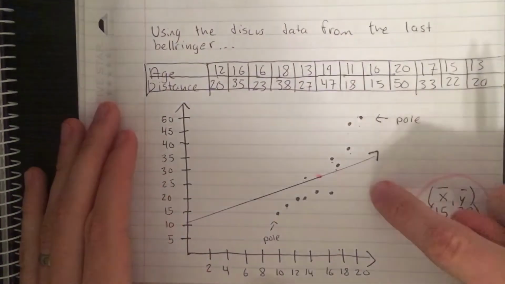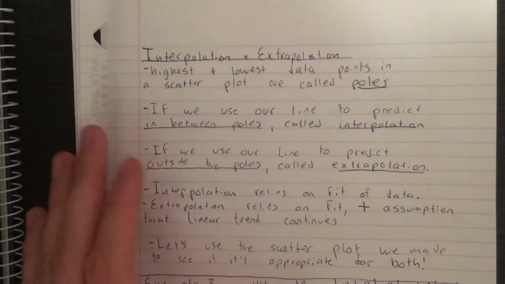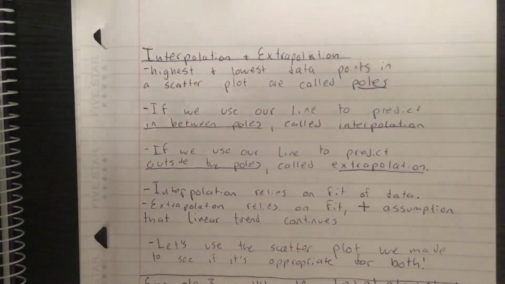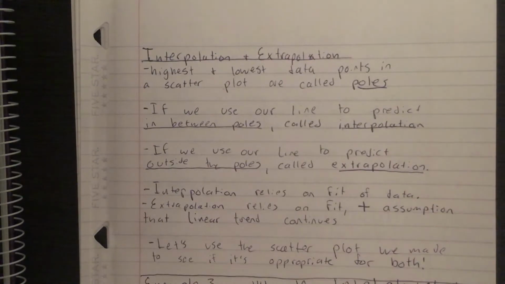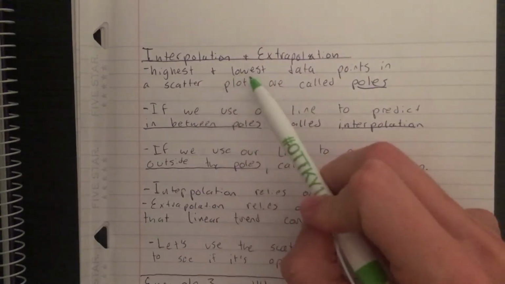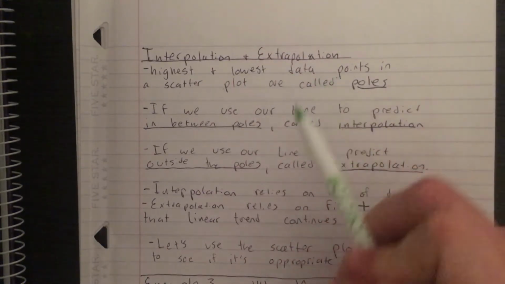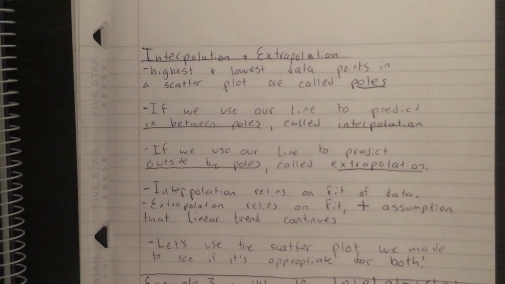We're going to revisit this here in just a second, but we're going to talk a little bit about interpolation and extrapolation. When we're talking about a scatter plot, the highest and the lowest data points in a scatter plot, we refer to those as poles.